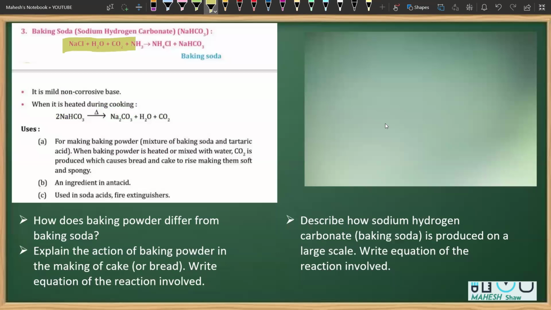Sodium chloride, water, carbon dioxide, and ammonia are the raw materials which are used for the preparation of baking soda in the lab. That also results in the formation of another useful byproduct, that is ammonium chloride. That's a sublimable substance used in industry. We'll continue with this in the next video.